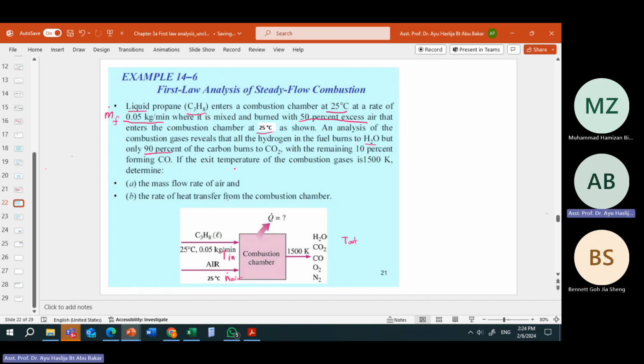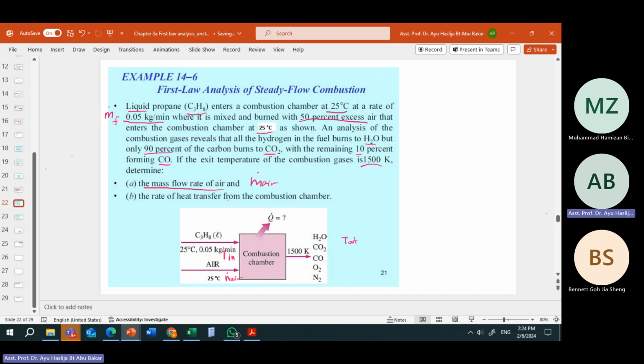Only 90% of the carbon burns to CO2, 10% to CO. Exit temperature 1500. So it asks you to calculate the mass flow rate of the air, m dot air.